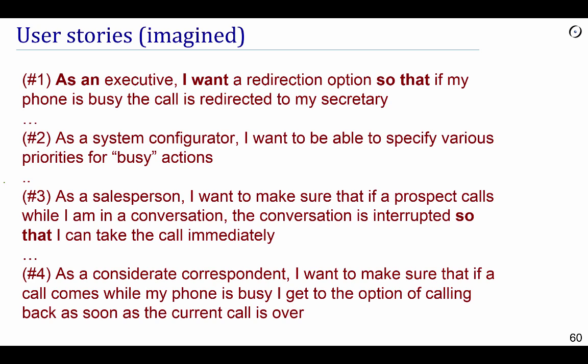If we had been asked to write the user stories corresponding to this telecommunication example, we might have had a user story which gives the redirection specification, and the next one which gives the mechanism, the procedure for busy actions, then one which gives the salesperson interruption mechanism for important customers, and so on. So each one of these by itself looks great, but then if you just put them together, they just don't make sense anyway, and there's no substitute for abstracting from individual user stories and looking for the requirements of the system as a whole.